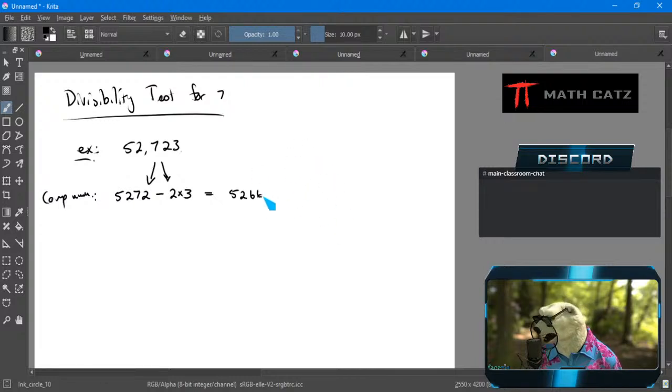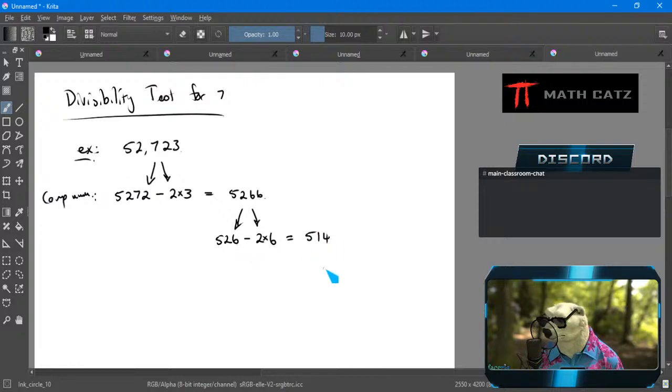So I can then say, oh, well, okay, now I need to decide if this number is divisible by 7. So I'm going to do it again. Take the last digit, take the number as if that last digit was never there, subtract 2 times the last digit. What do I get? Well, this time I'm subtracting 12 at least, a little bigger, not much. And I get 514.